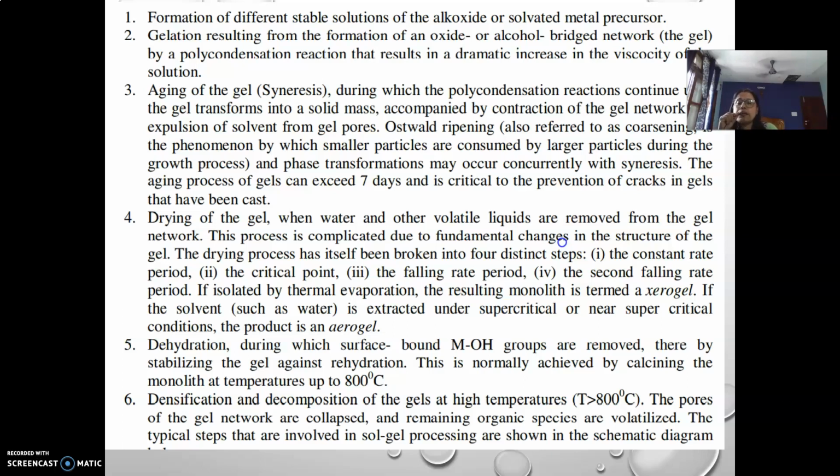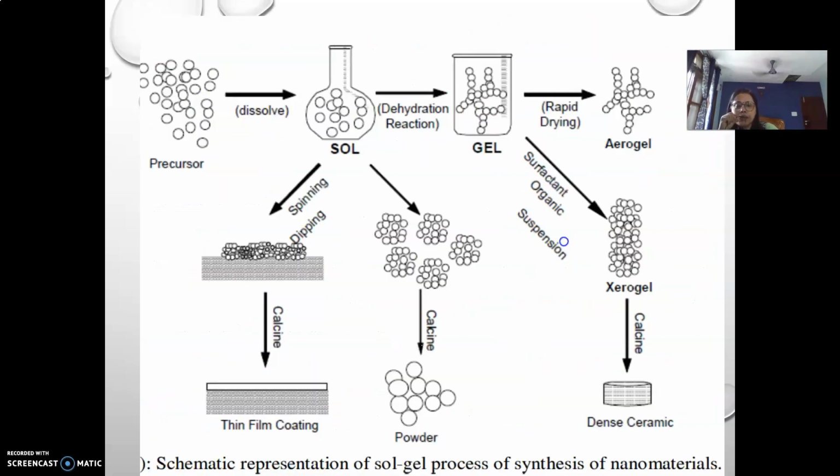And still, if there is some solvent molecule present, then we can go for calcination, and through calcination we can get rid of unwanted material, unwanted hydroxide groups or any other material present there, and after removal of this we will have the desired nanomaterial. So this is the sol gel process. Again, I say this is the most widely used process and most loved technique for synthesizing nanomaterials.